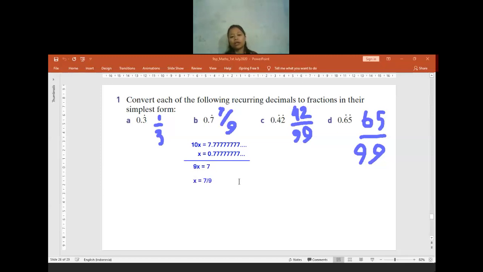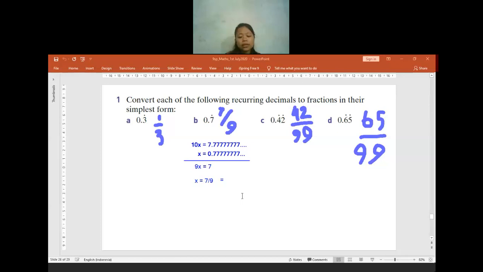Is it clear enough, or is there anyone who has difficulties? Feel free to ask. Do not stay quiet. Clear? The x is the fraction. I told you the x is the question given. The x is always the question given. So 0.777... will be equal to 7 by 9.